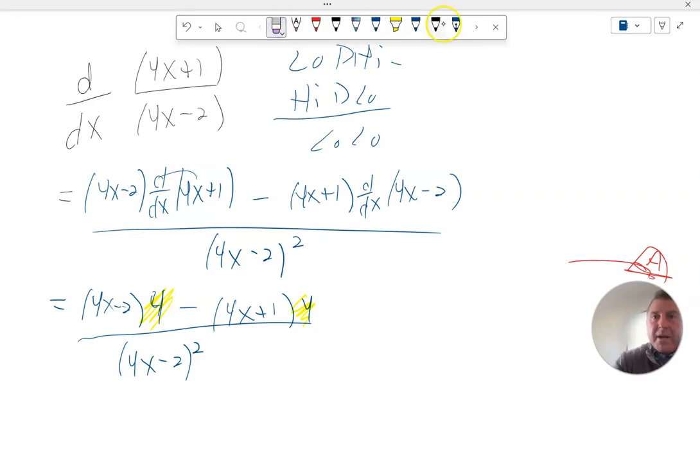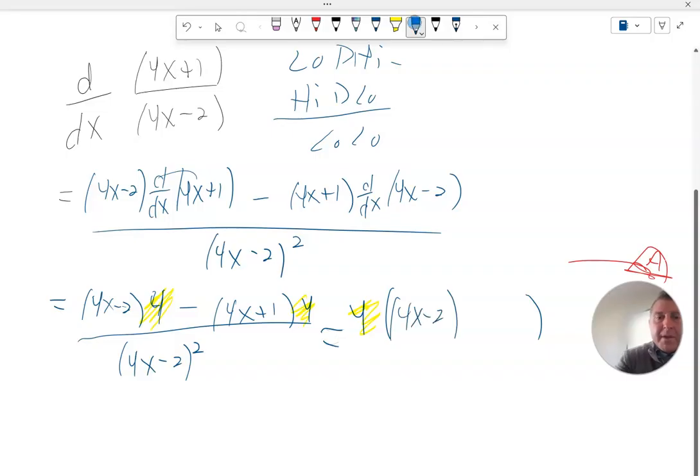This is my algebra hat now. Pull out that 4. Equals 4. Pull that out. And what's left in the first term is 4x minus 2. 4x minus 2 minus what's left when I pull out a 4 in the second term is 4x plus 1.